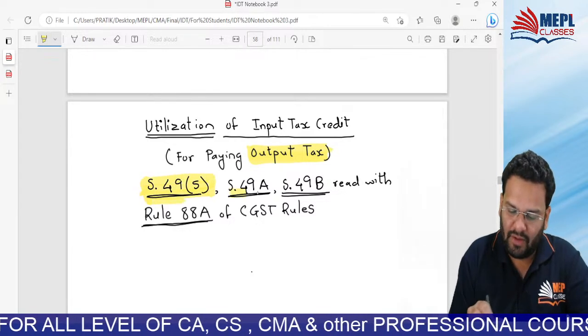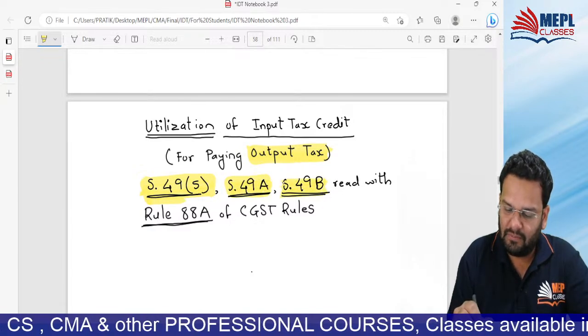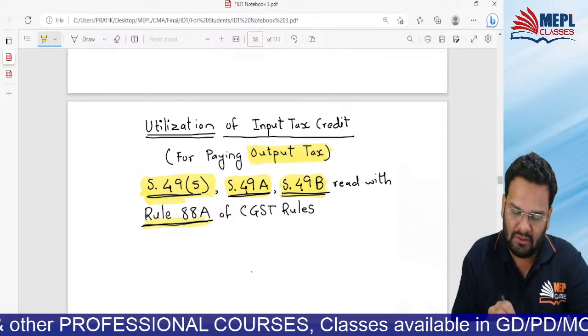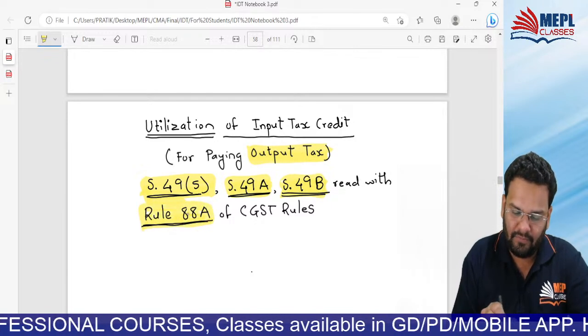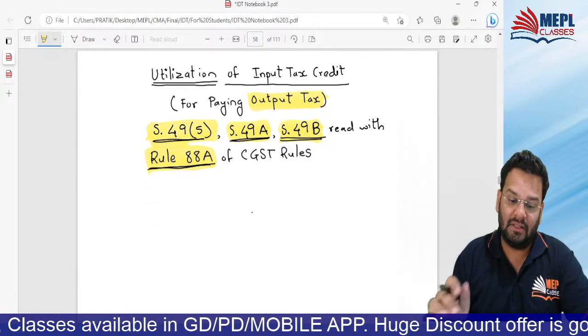So when you read all these combined, the sections of the CGST Act, 49.5, 49A, 49B, and finally rule 88A. Clear? Okay, so we will check now how ITC is utilized.